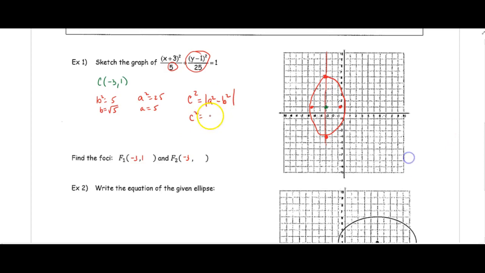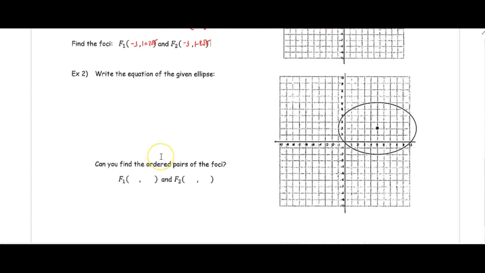So c squared is equal to 25 minus 5, which is going to give you 20. So c is equal to the square root of 20, which breaks up into the square root of 4 times the square root of 5, which is 2 root 5. Now, we're going to add that 2 root 5 to 1. Then we're going to take the 1 and subtract 2 root 5. And that would be where your foci land.